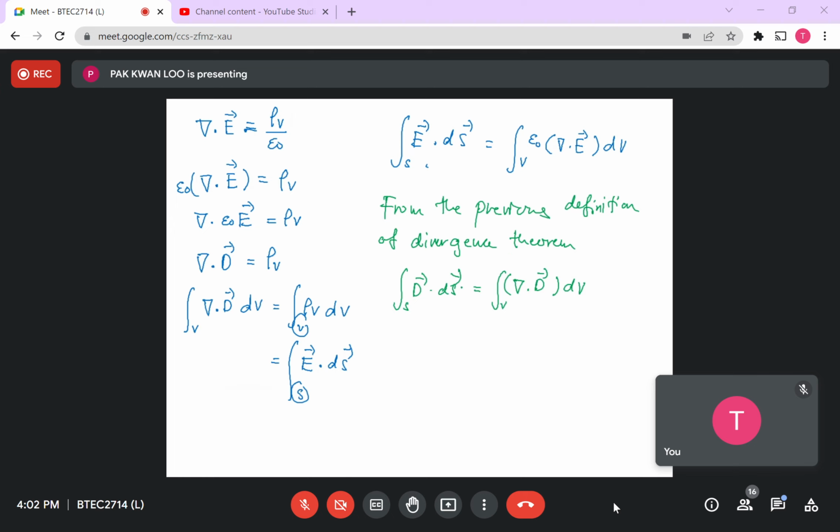However, on my left hand side, based on Gauss law, it is the integral of rho v times dV. So it's a volume integration.